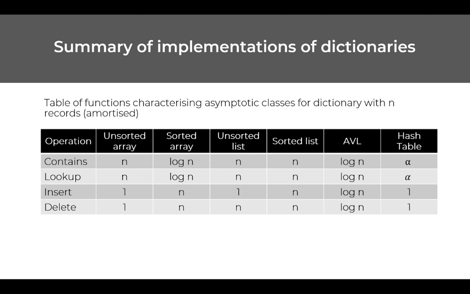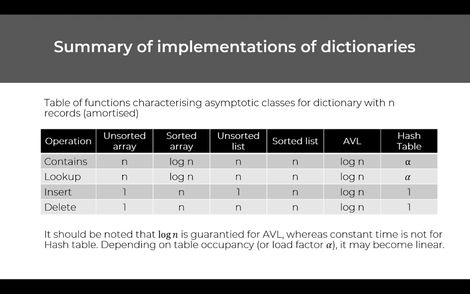Insert and delete in a well-balanced hash table will be constant. It should be noted that log n is guaranteed for AVL, whereas constant time is not for hash tables. Depending on table occupancy, the load factor, it may become linear.